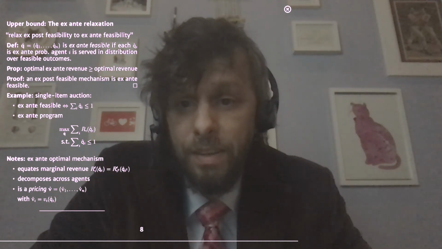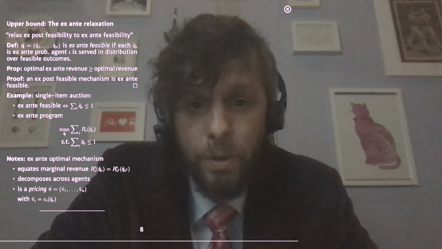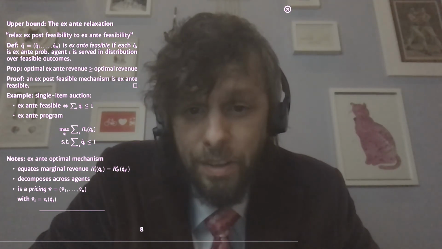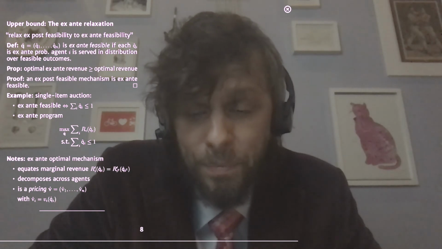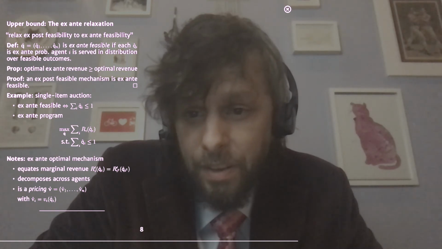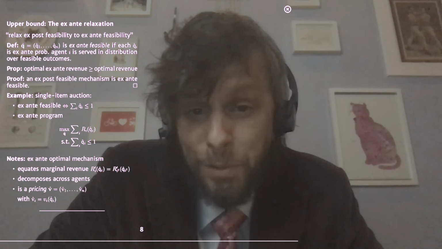Great. So that's the ex-ante optimal mechanism. And as I said before, we're hoping to identify an upper bound on the optimal revenue that's somehow simpler. This upper bound on our optimal revenue is in fact a pricing. But as we promised, this pricing is not guaranteed to be ex post feasible.